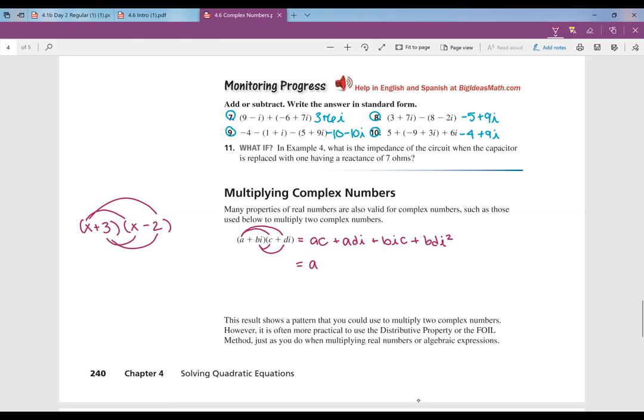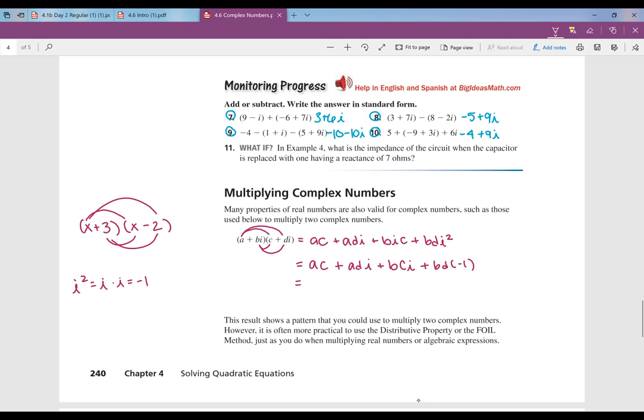So we have AC plus ADI, and then I'm just going to reorder this so it's BCI. Now I squared, we know, is -1, right? I squared is I times I, and we know that I times I is equal to -1.